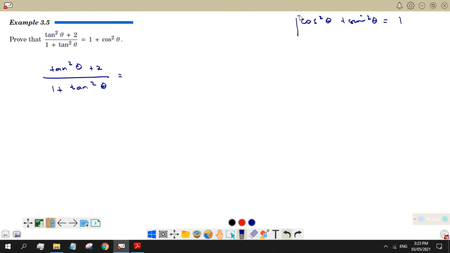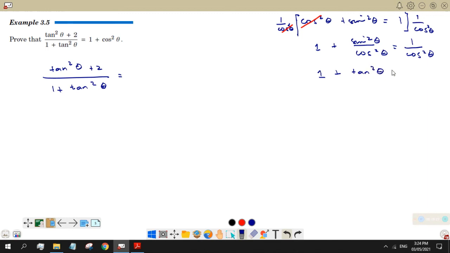If you divide both sides by cosine squared theta, so magkakaroon tayo ng 1 plus sine squared theta over cosine squared theta is equal to 1 over cosine squared theta, which is equal to 1 plus tangent squared theta, which is equal to reciprocal ng cosine. It is secant. So, secant squared theta.